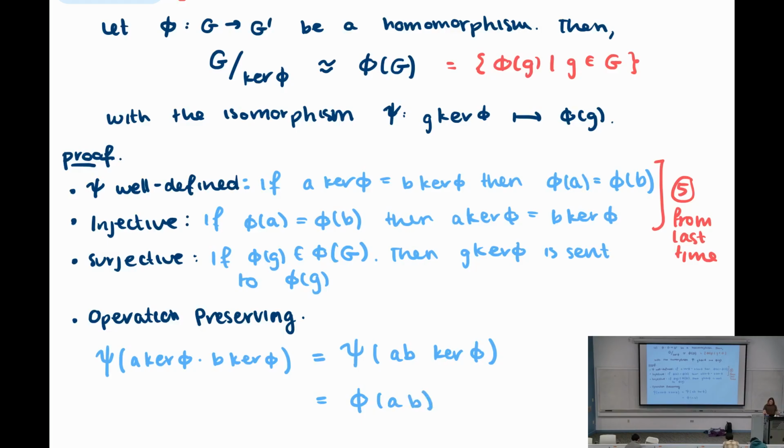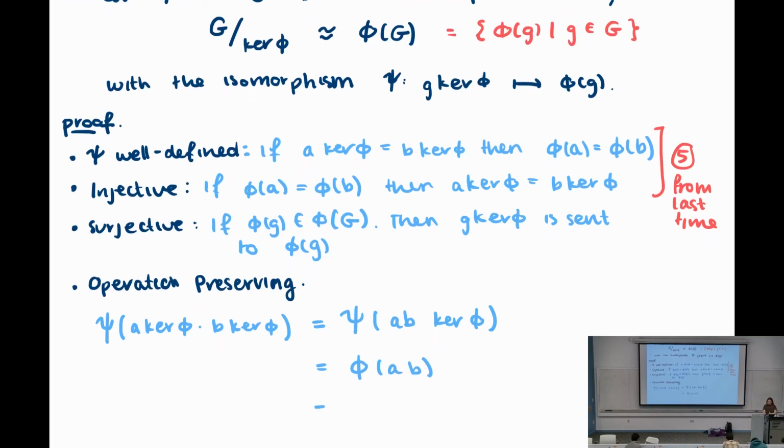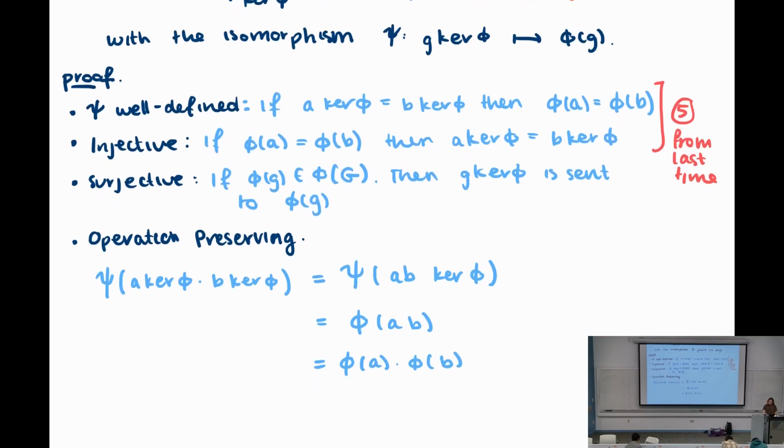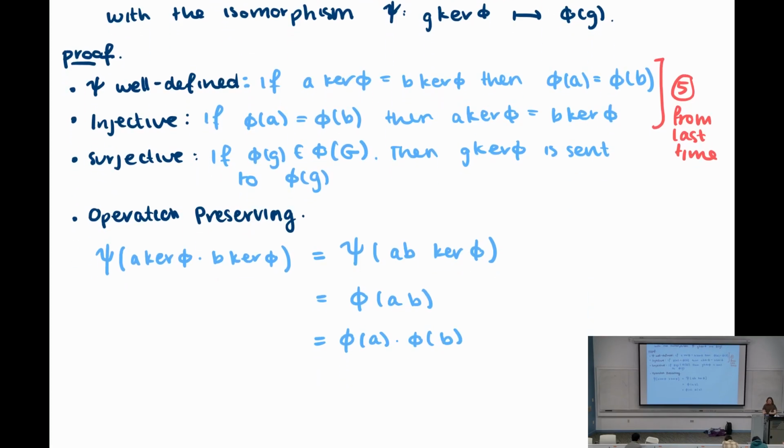And then since phi is a homomorphism, it preserves the operation. So we have phi of A times phi of B. Okay, now what is phi of A in terms of psi? This is psi of A kernel phi. And what is phi of B?